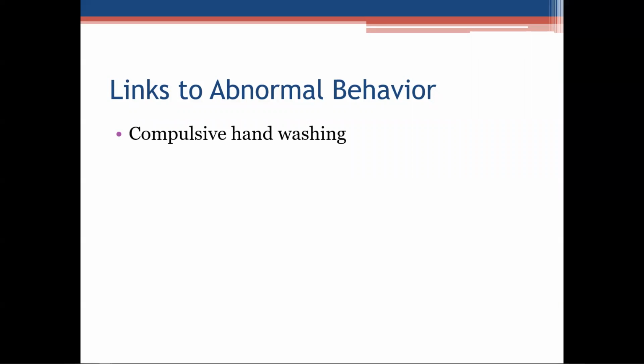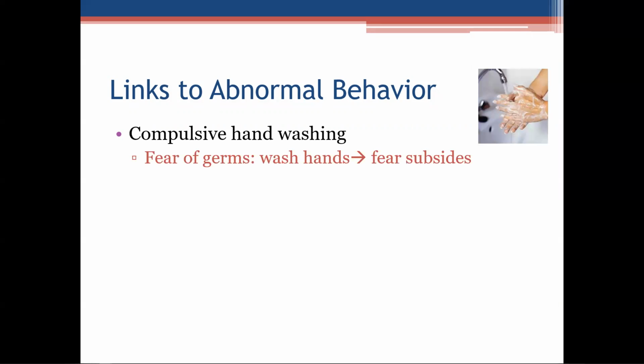Operant behavior can also have a variety of links to behaviors that we might consider abnormal, things like compulsive hand washing. Compulsive hand washing can be operantly reinforced because you have this initial fear of germs. Engaging in hand washing behavior removes that initial fear of germs, so your fear subsides.